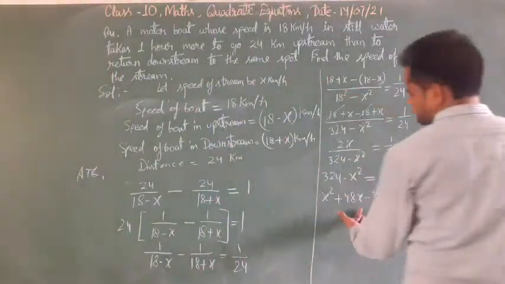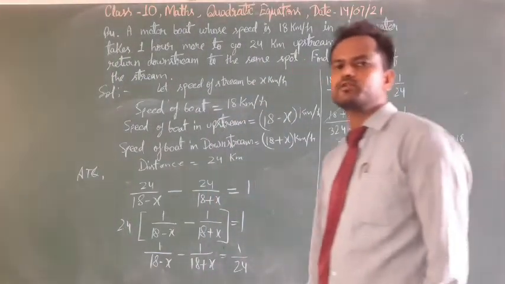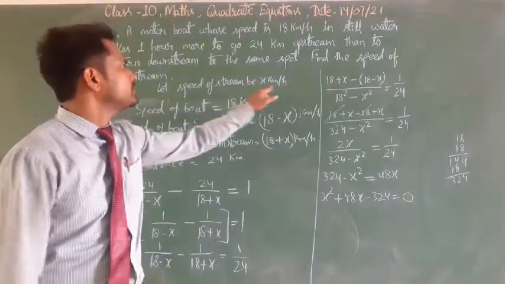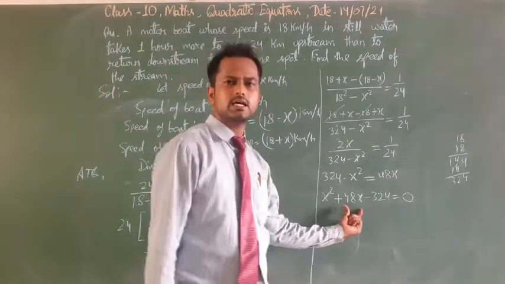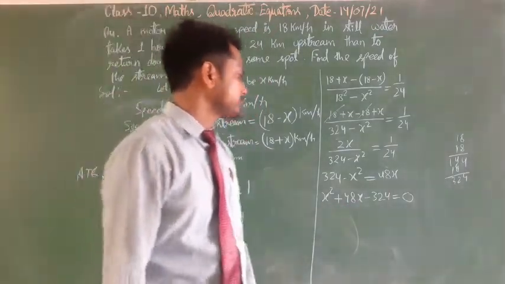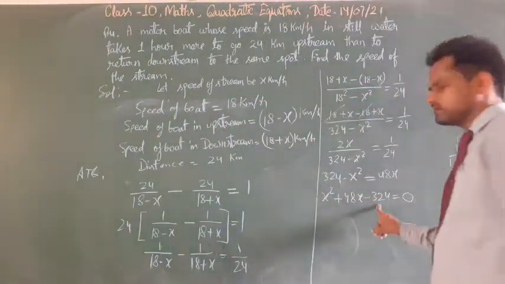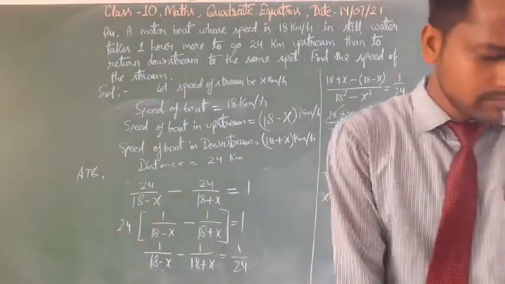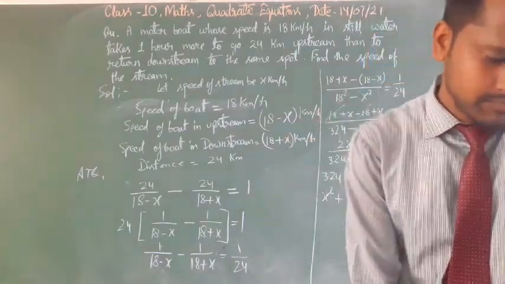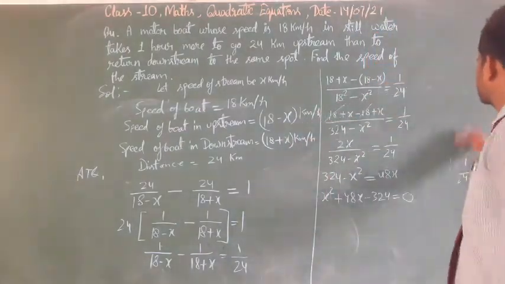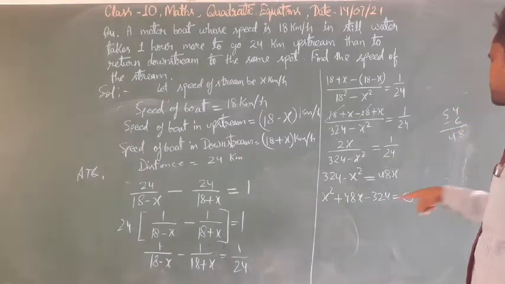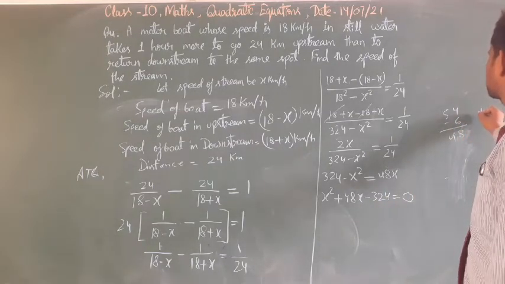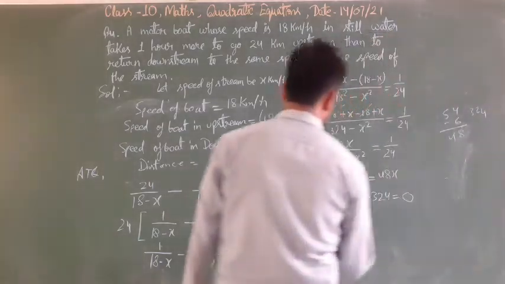Now you have to solve this quadratic equation, then you get the value of x, that will be the speed of stream. Got it? Now apply the middle term splitting method, 54 into 6.